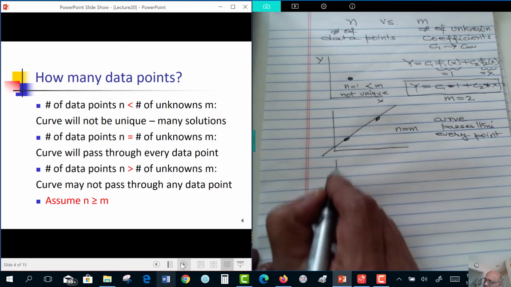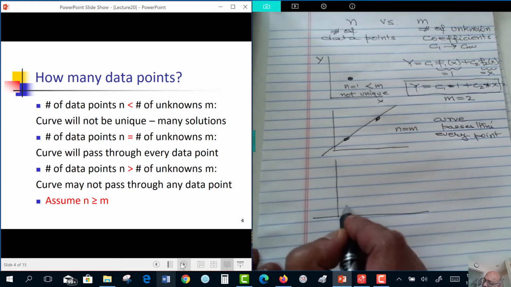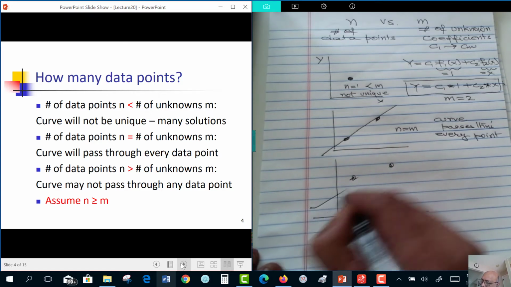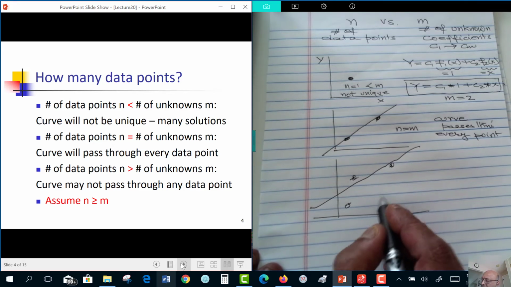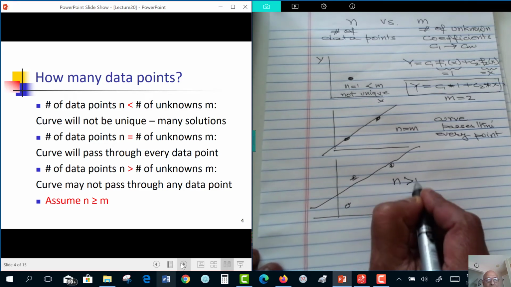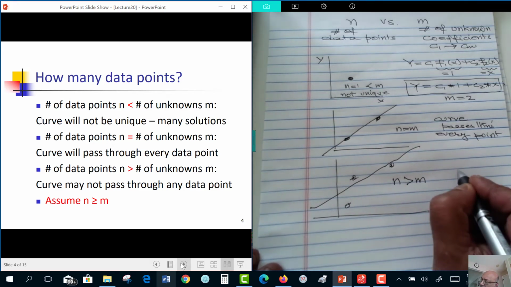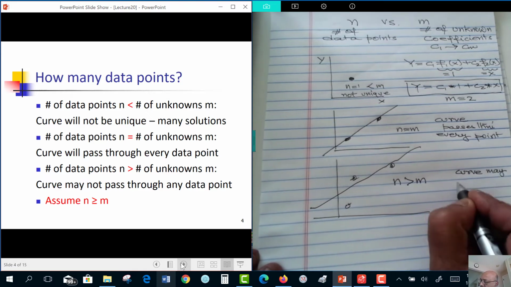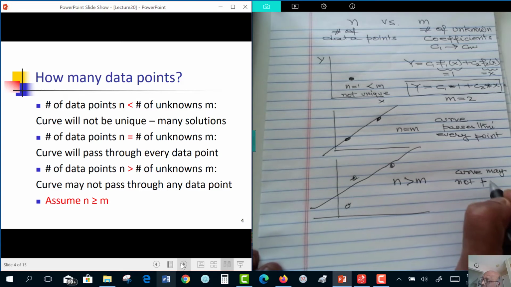Third, we might have say 3 points, and our best straight line might be this. So n is greater than m, the curve may not pass through any point, yet it might be the best.